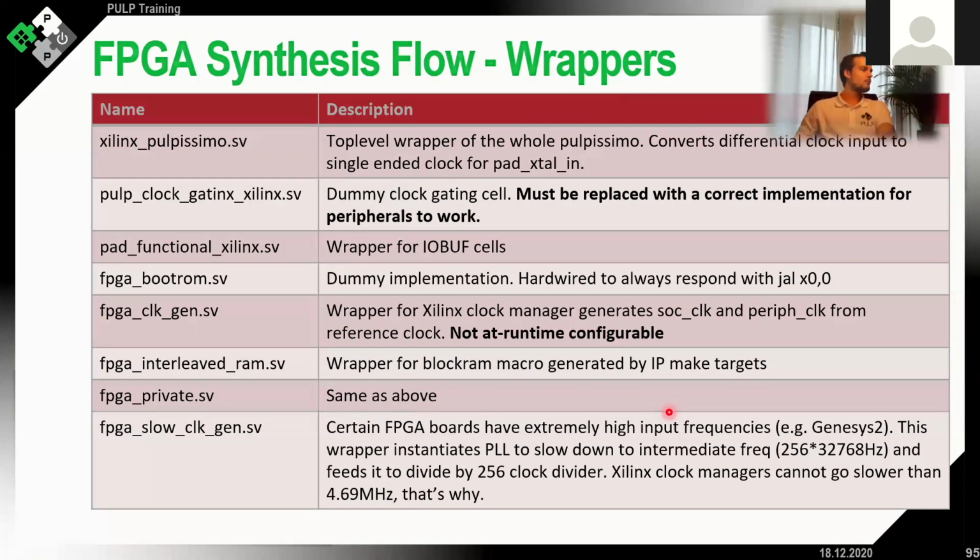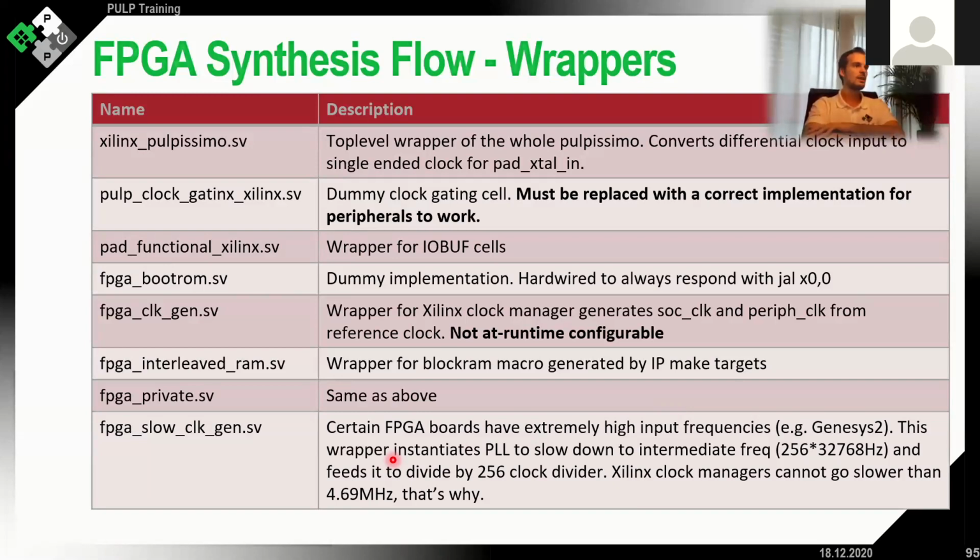Yeah, the FPGA has a slow clock. That's just some detail. So for example, the Genesis board, if I remember correctly, has a 200 megahertz clock. I don't remember by heart anymore, but the Genesis 2 board certainly does not have the 32 kilohertz crystal directly attached.